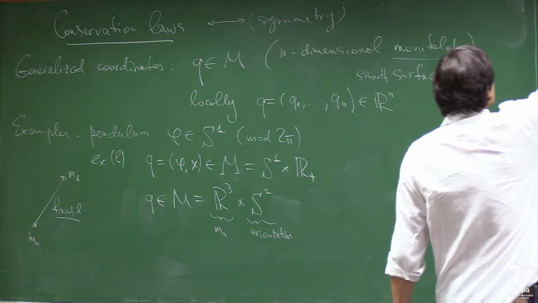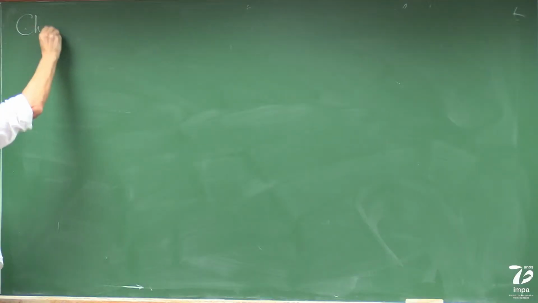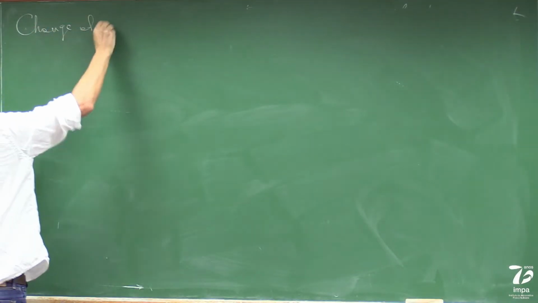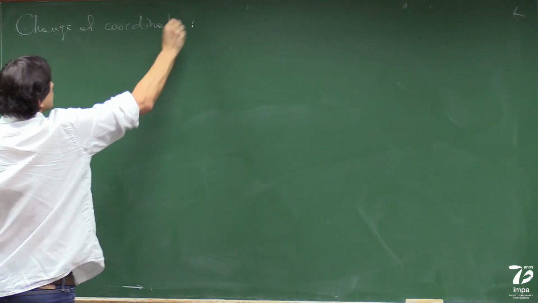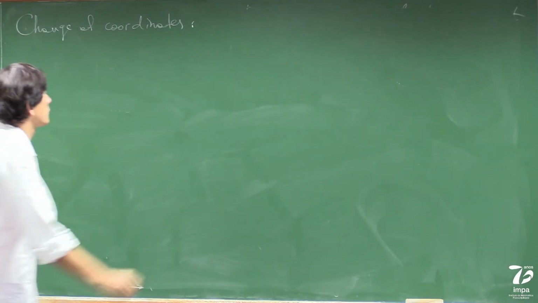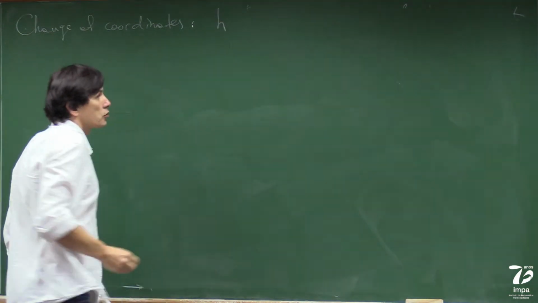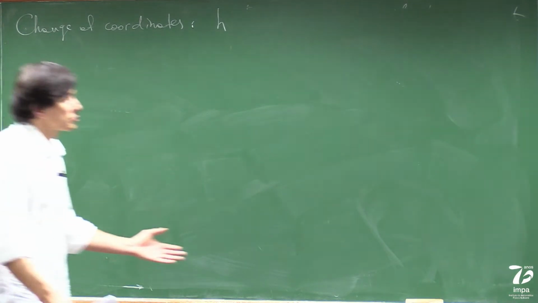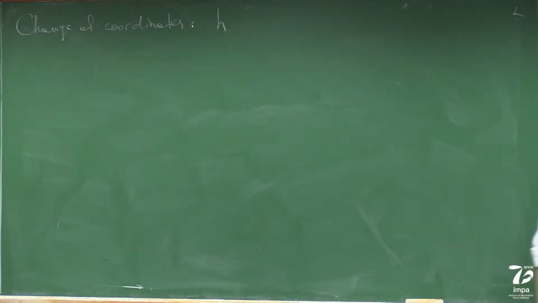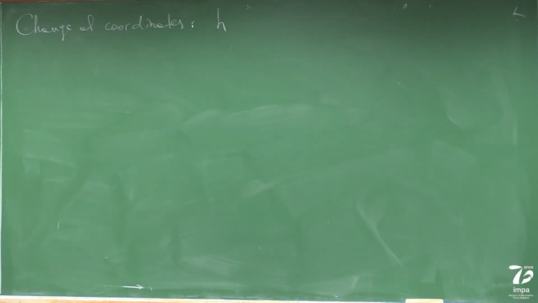So what does change of coordinates mean? We will call it the function h. For example, changing coordinates of the lower position to the upper position is to change, instead of psi, you'll consider now pi minus psi. So this is essential.